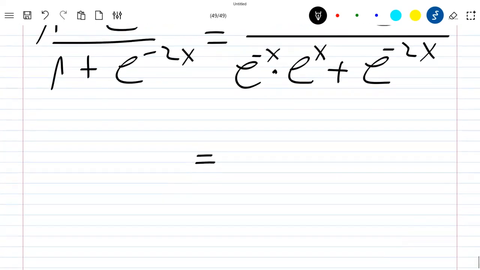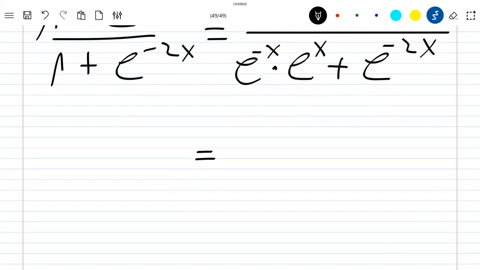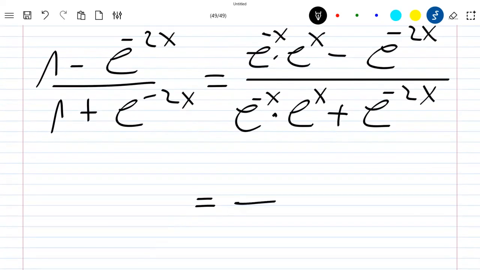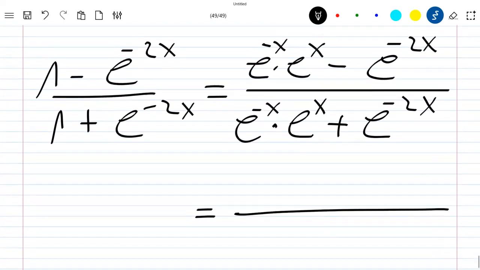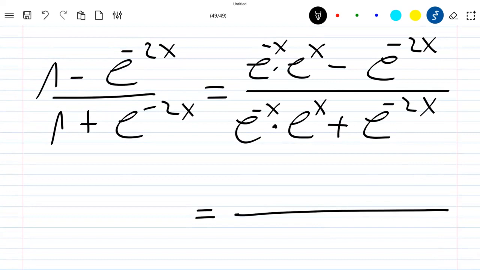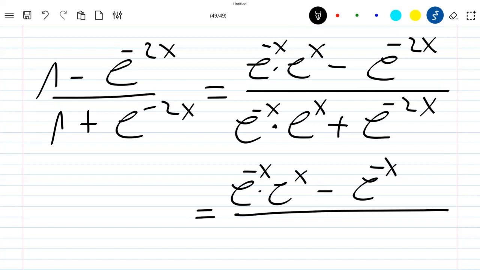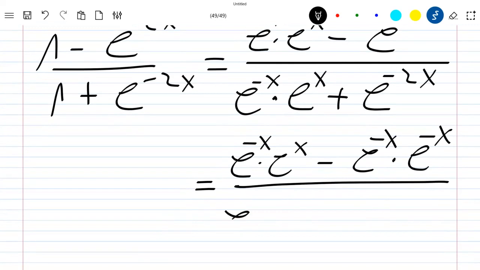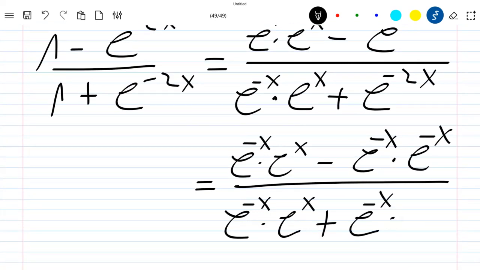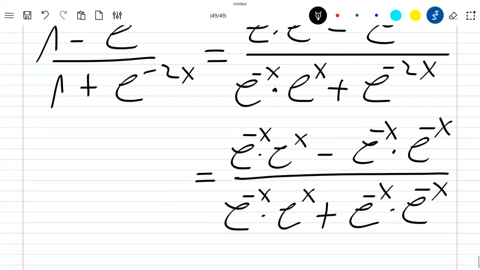Okay, and we can rewrite this exponential minus 2x as exponential minus x times exponential minus x. So we have here exponential minus x times exponential x minus exponential minus x times exponential minus x. We do the same thing down: exponential minus x times exponential x plus exponential minus x times exponential minus x.